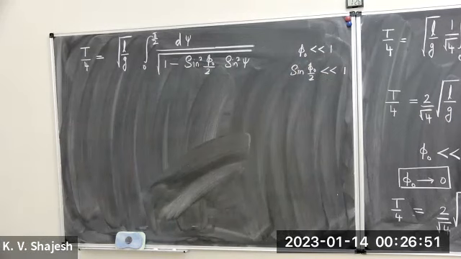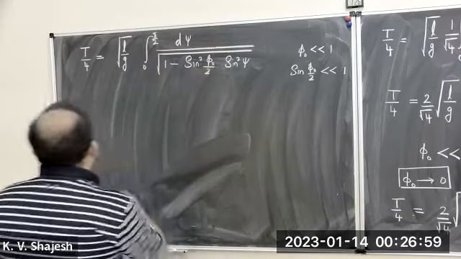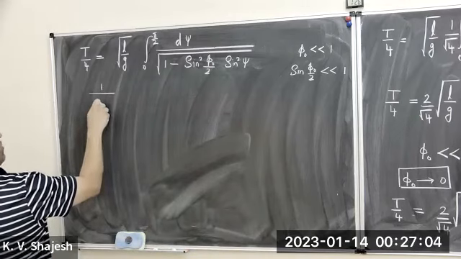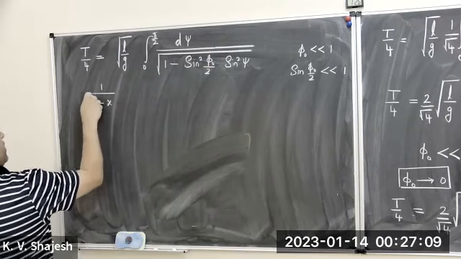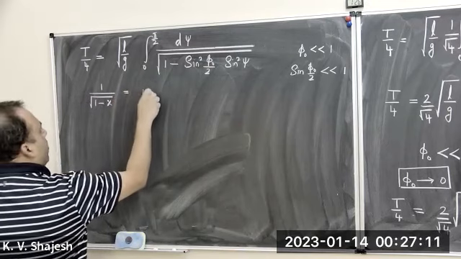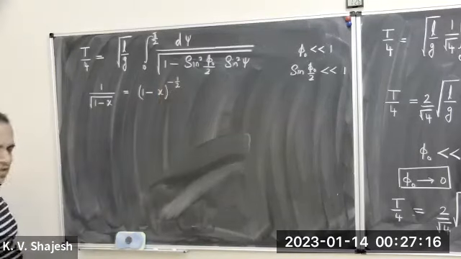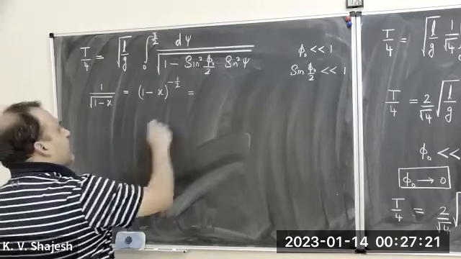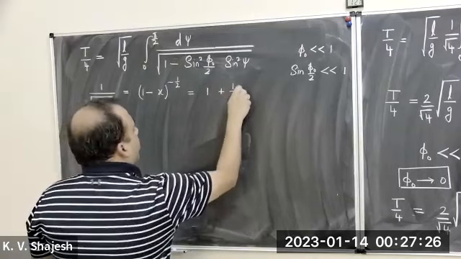In that case, whatever is under this radical is 1 minus a small quantity. So you can expand this out. Remember your series expansion: if you have an expression like 1 minus x under a square root, that's nothing but 1 minus x to the power minus half. To a good accuracy, if x is really tiny, that's 1 plus half of x.